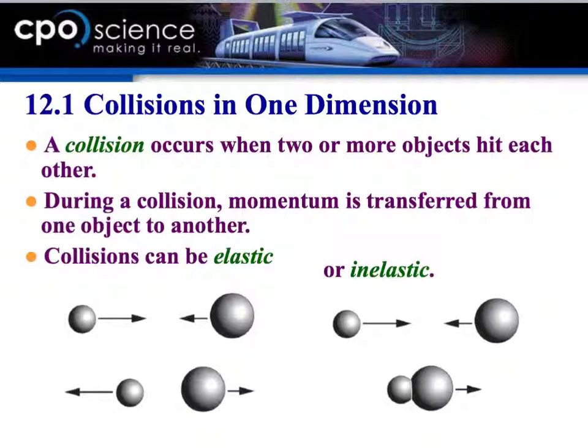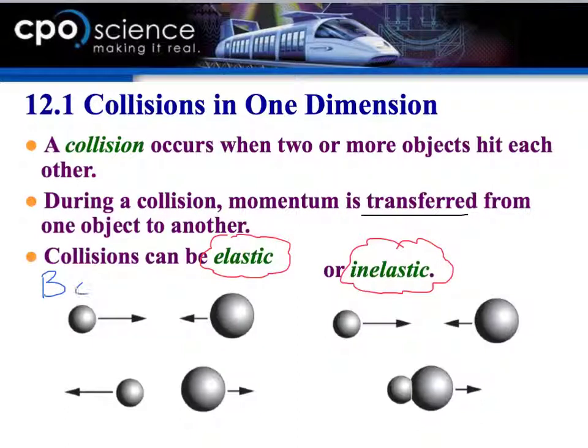Collisions in one dimension. A collision occurs when two or more objects hit each other. During a collision, momentum is transferred from one object to another. Collisions can be elastic or inelastic. An elastic collision is when balls hit each other and then bounce off of each other.